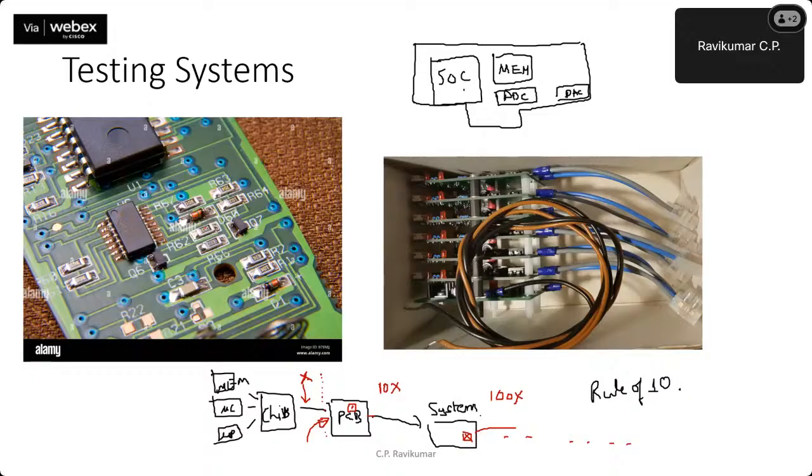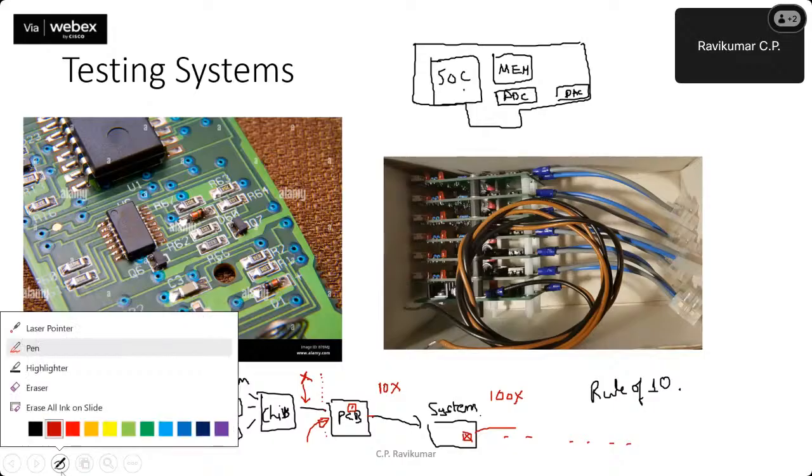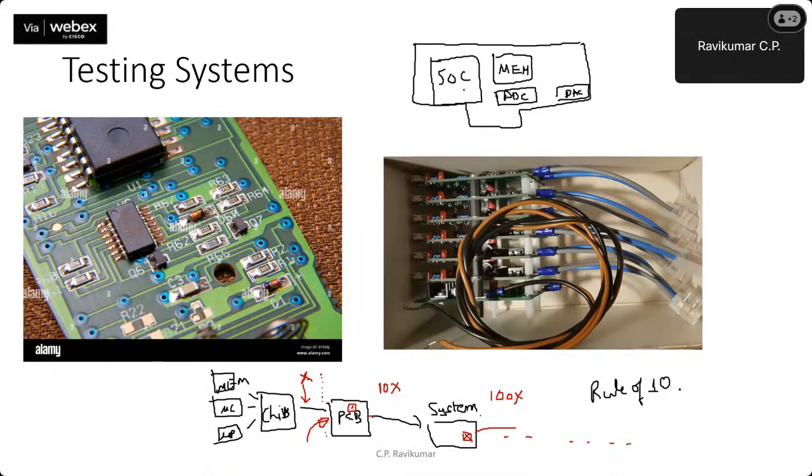So people talk about two things. One is called in-field testing. I think I may have mentioned this to you before. In-field testing means that the product is now in the hands of the customer, right?